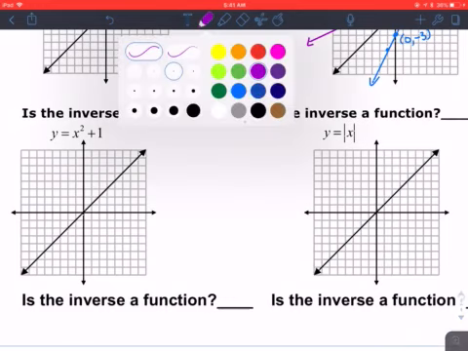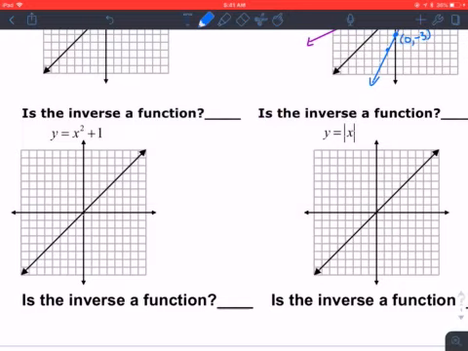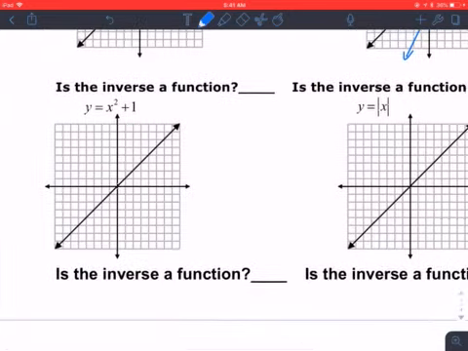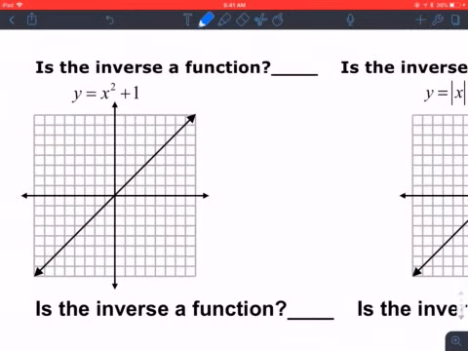So the very first graph we have is y equals x squared plus 1. Remember, that's our quadratic parent function. The plus 1 tells me I'm shifting my graph up 1. So if it normally starts at 0, 0, shifting up 1, and then we have a quadratic function.